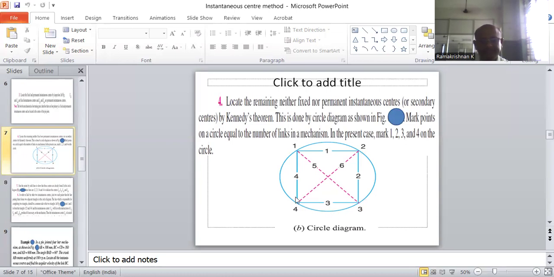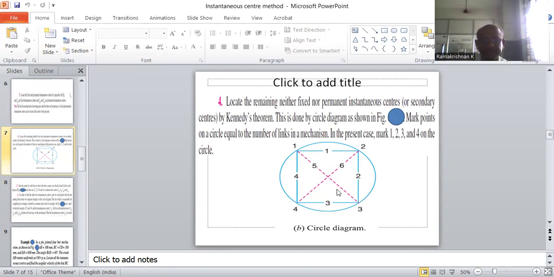So for I-13, you join 1 and 3 with a dashed line. Here, the 1-3 line forms 2 triangles, 1, 2, 3 and 1, 3, 4. So the line 1, 3 is a common side for the 2 triangles 1, 2, 3 and 1, 3, 4.